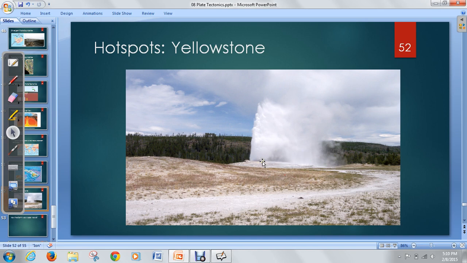Okay, so in a couple thousand or million years, Old Faithful isn't going to be Old Faithful anymore. There'll probably be a new geyser, at another location, that will become the Old Faithful, right? That's the geyser that's going to be erupting. Okay, and so that hotspot again isn't moving, but the plate itself is moving over the top of it.